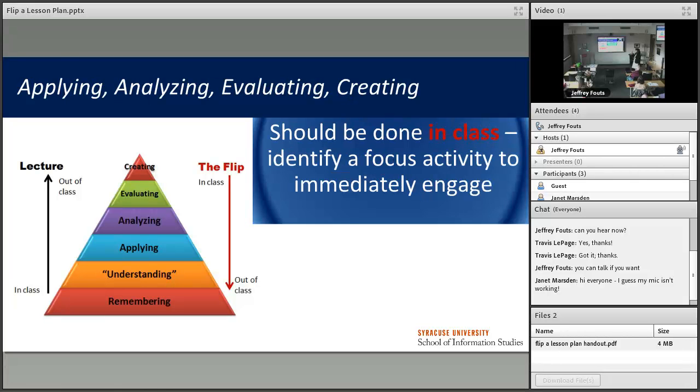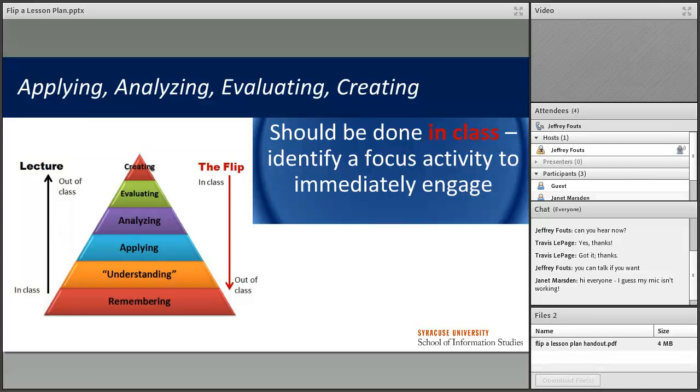Applying and analyzing in class is now in the first 2 to 5 minutes when the students walk in. You are not going to go over in class. The biggest mistake in flipping a lesson plan is we as instructors assign a pre-activity, and if we ask a question and no one answers, we tend to go over.